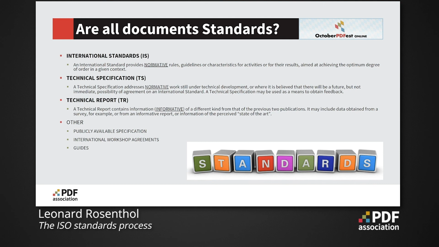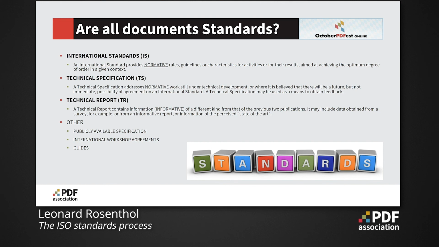We've been talking about the fact that there's kind of only one standard. But the reality is that's not true. The ISO does a number of different types of documents. Specifically, there are 3 types of documents that we within the PDF committees work on. The most important one, the one that we do the most, the one that you're familiar with, are what are called international standards, or IS documents.